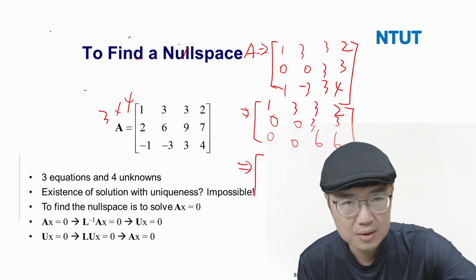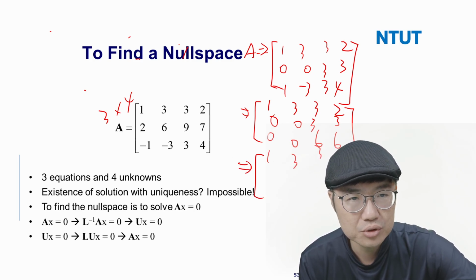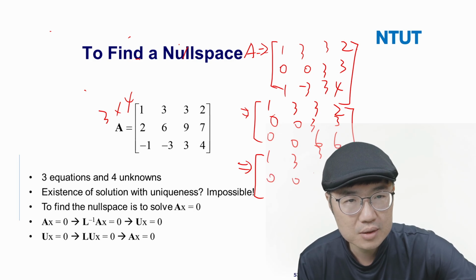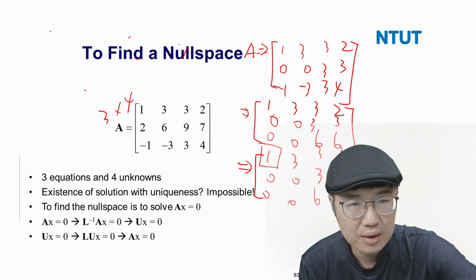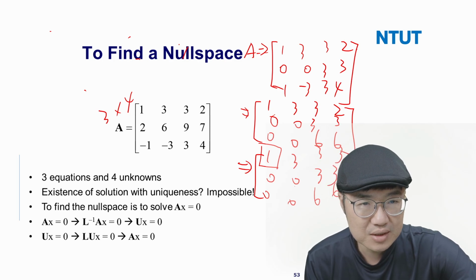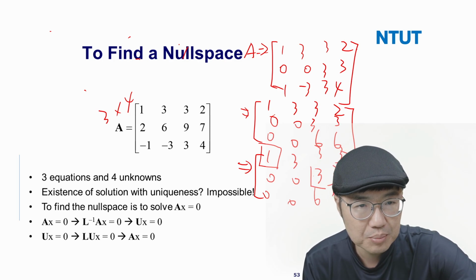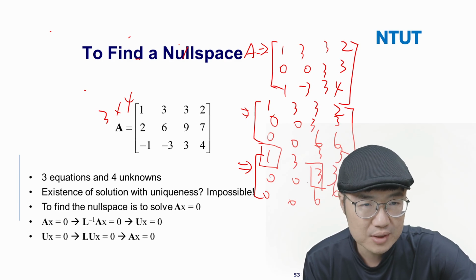And the last step is to observe this structure where 1 is the pivot. This 0 is not a pivot. The 3 becomes the pivot for the second row.